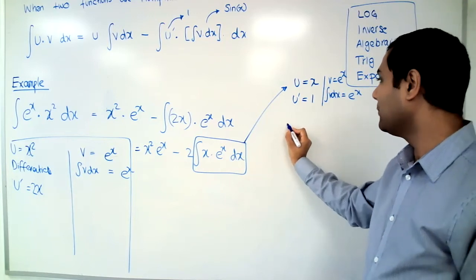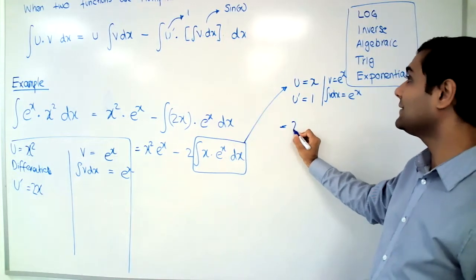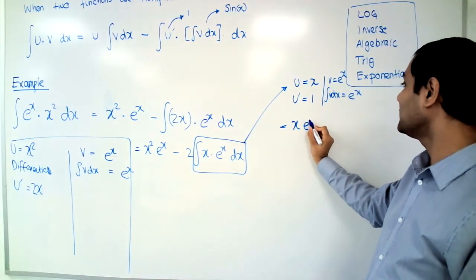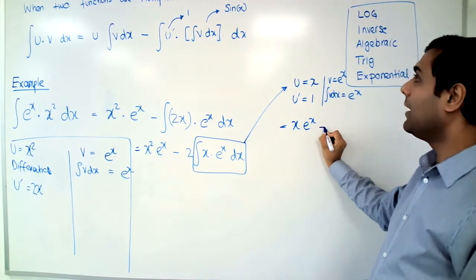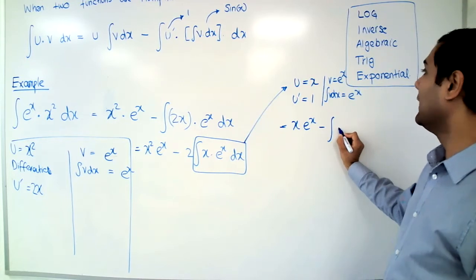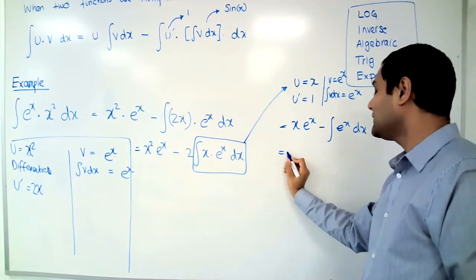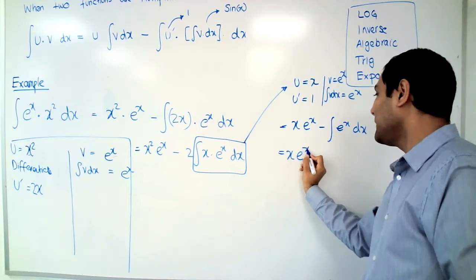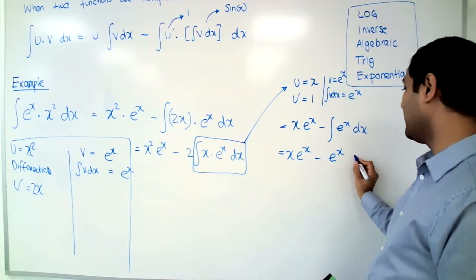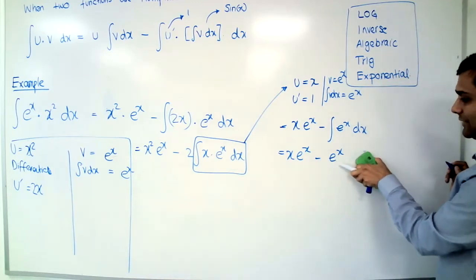U is just an x, and that is e to the x, minus u dash is just a 1, and this is e to the x dx. Now this x e to the x remains as it is, minus this is just an e to the x, plus a c. Well, I don't want to put the c now. I will put the c later.